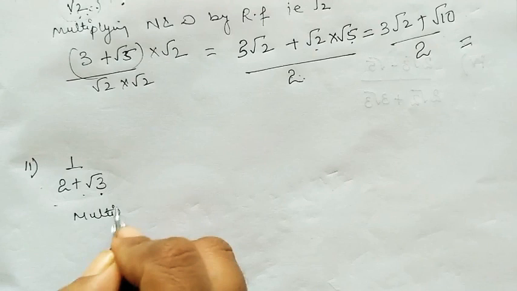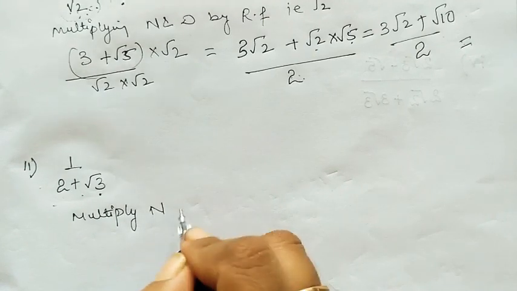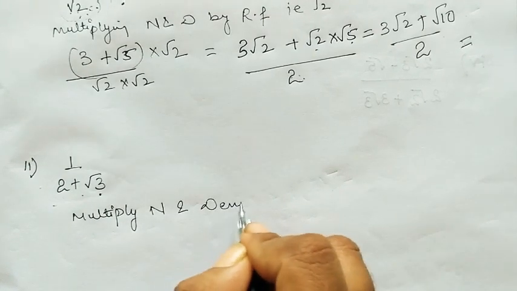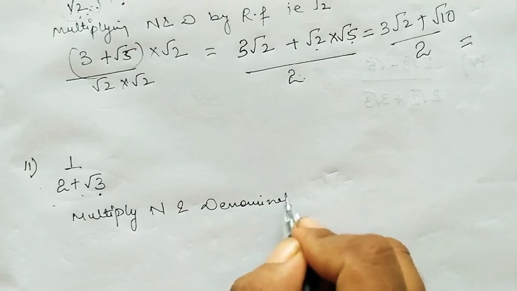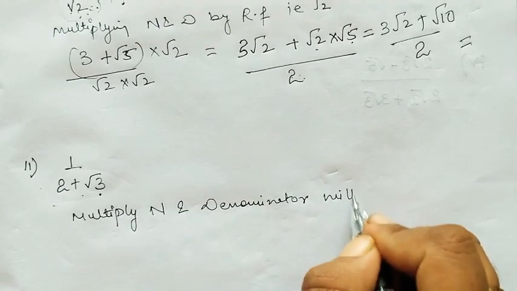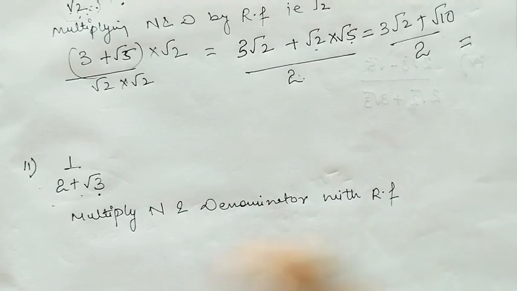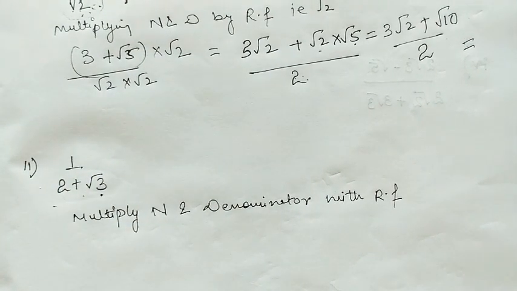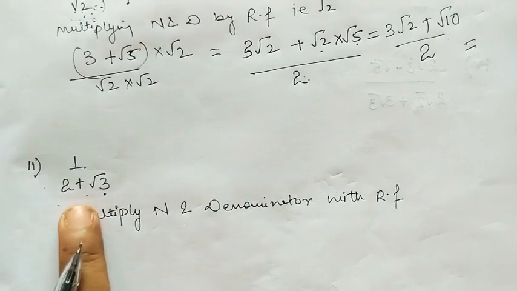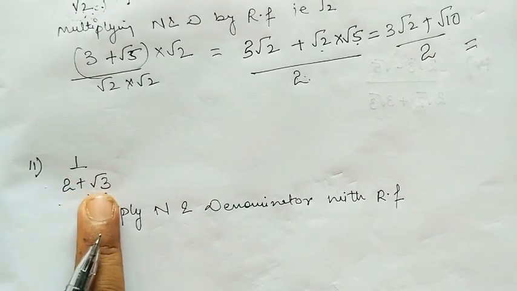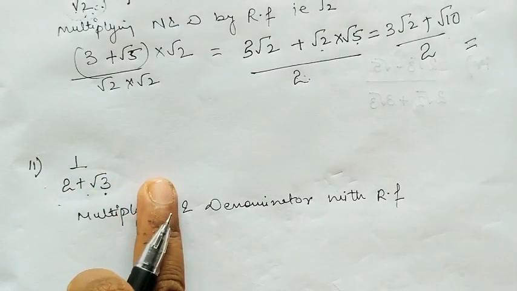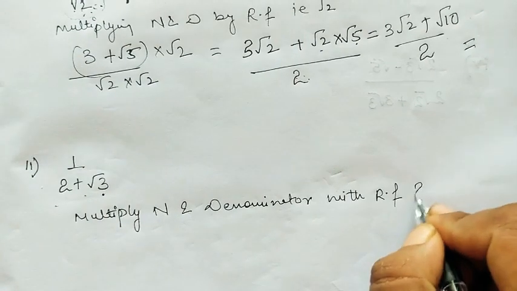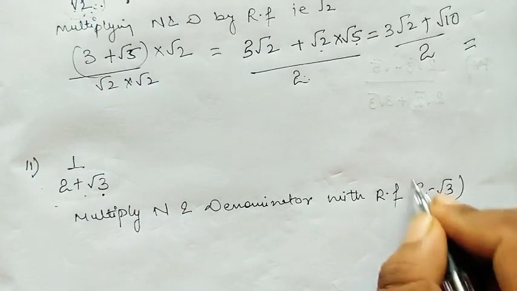Multiply numerator and denominator with the rationalizing factor. Here the rationalizing factor will be the conjugate of this, meaning the same number but different in sign. For 2 plus root 3, its rationalizing factor will be 2 minus root 3.